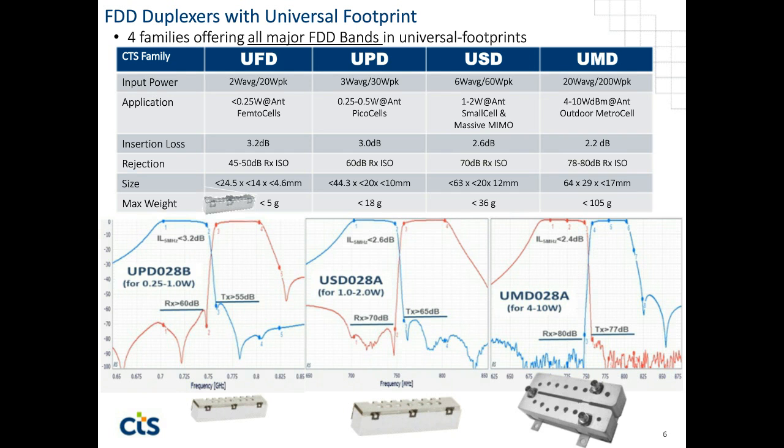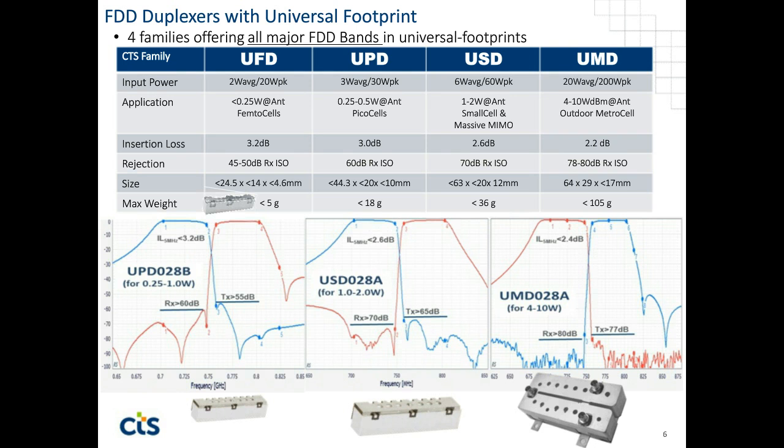And let me emphasize here that when you look at monoblocks or ceramic filters in general, you need to look at not the size, but you need to look at the performance that they deliver.